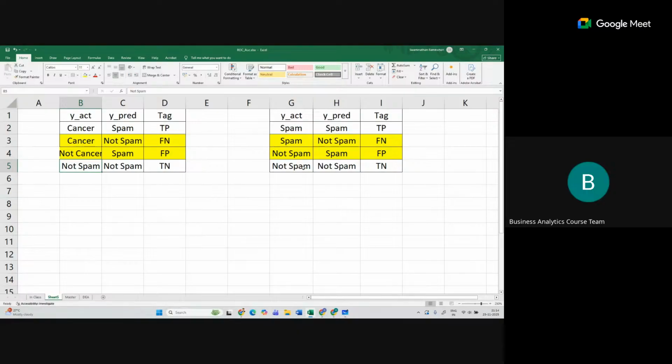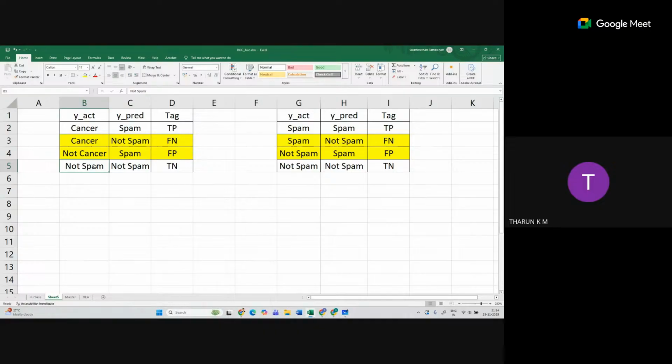Sir, maybe an important mail is classified as spam and it goes away to the bin. Excellent. So that is very important here. Similarly, tell me in this scenario, which is more important?